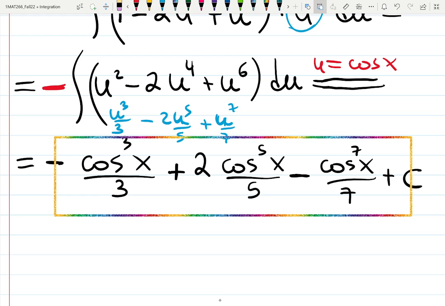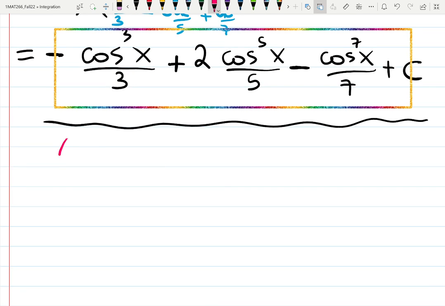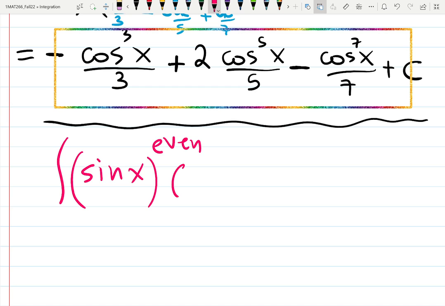So the main idea here is, let me write down the idea and then I'm open for questions. The main idea: if you have a mixed situation, an integral with sine x raised to the even power and cosine x raised to the even power dx, that's a different situation.